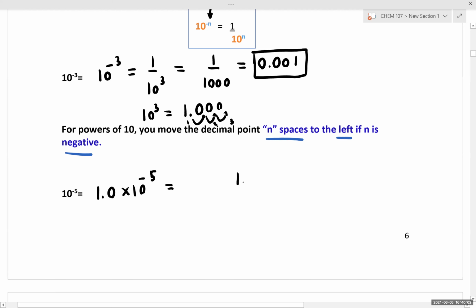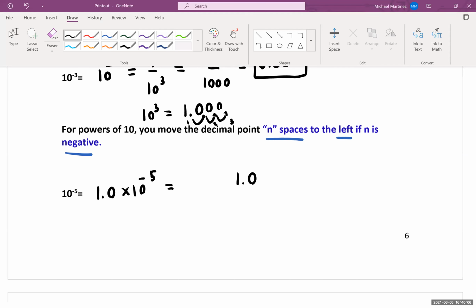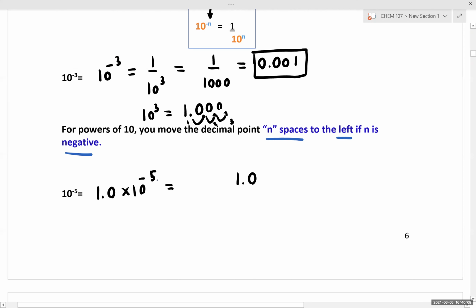Following our shortcut rule, since we have 10 to the negative fifth, we move our decimal point 5 spaces to the left.